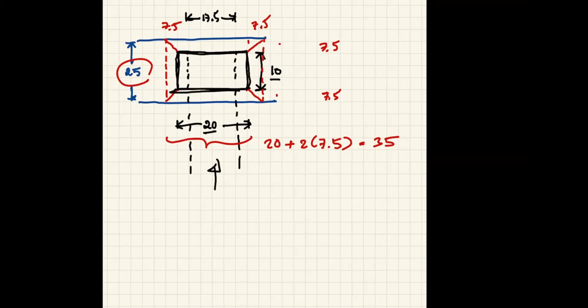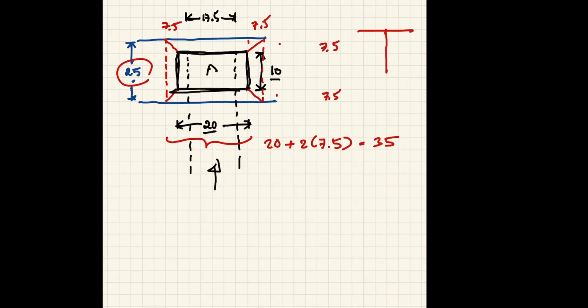So let's say if you look at the plan without the dimension, you would see, you know, this is the concrete beam and the steel beam coming in like this. Okay, and the width of the concrete beam is 25 centimeters. So with that, we can sort out our A2.